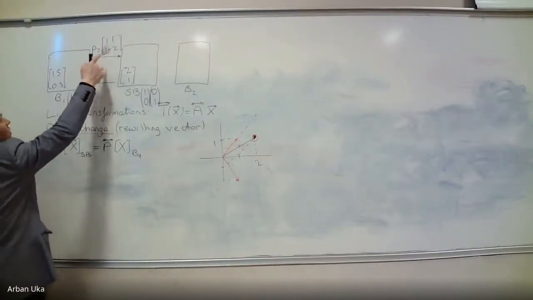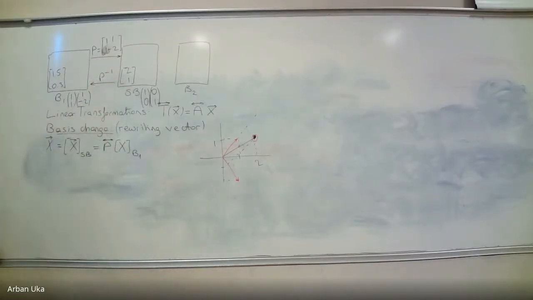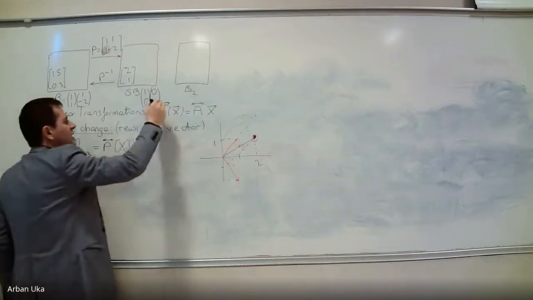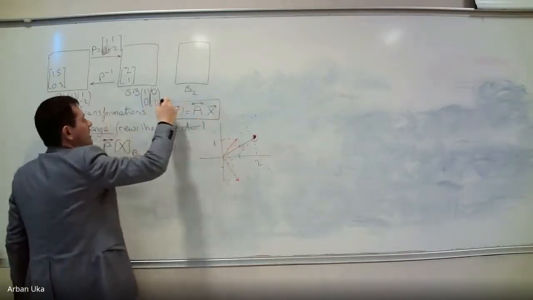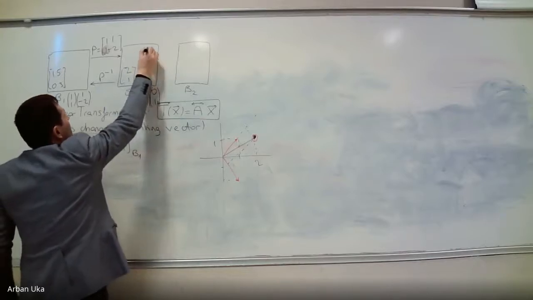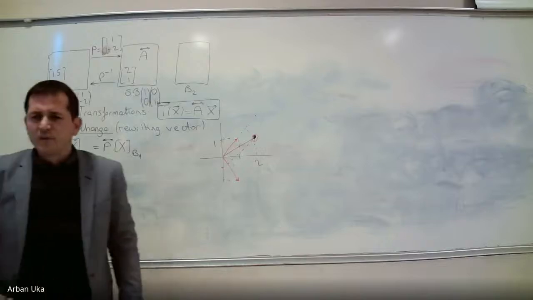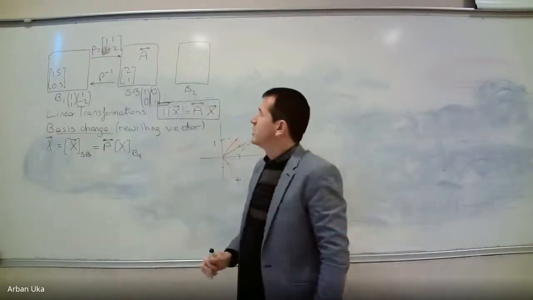We go this way with P, and we come back with P inverse. The situation is a little tricky when we transform a specific linear transformation. Now we assume that we have a matrix A, which represents a specific linear transformation.